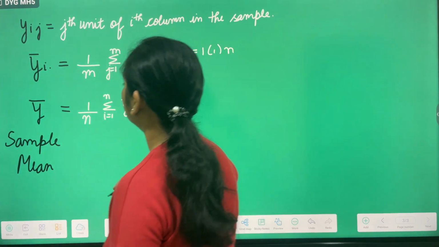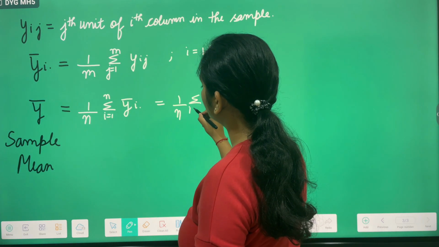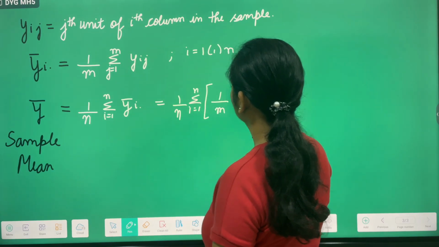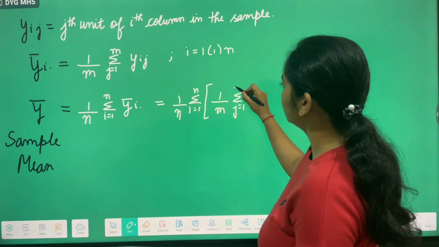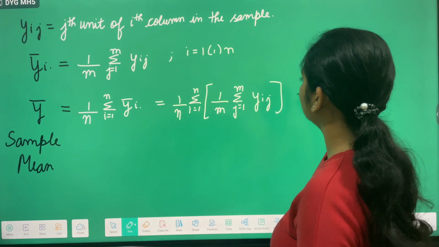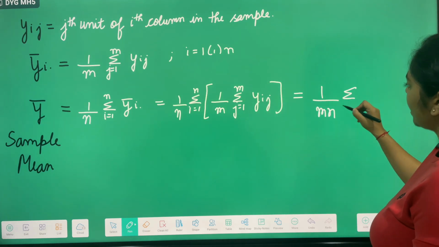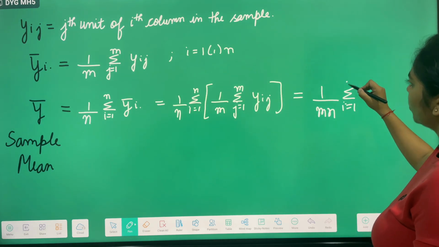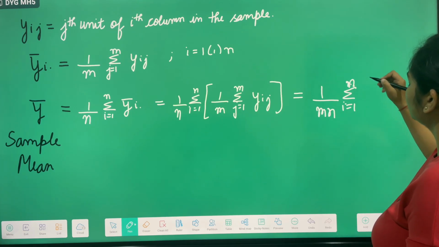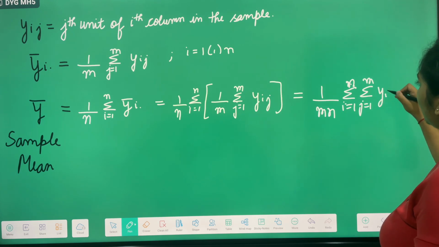When we open y bar i dot, we get 1 upon n summation i from 1 to n, 1 upon m summation j from 1 to m yij, and this can be written as 1 upon mn summation i from 1 to n summation j from 1 to m yij.